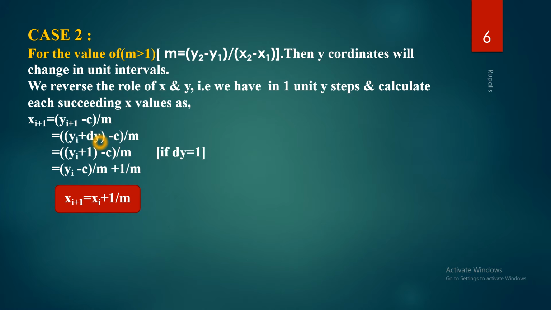You have to change the y coordinate by unit interval, so dy is 1. Then yi - c/m equals xi. So we can say xi+1 = xi + 1/m. So when m is greater than or equal to 1, by changing y by unit interval, we get the next xi+1 = xi + 1/m.